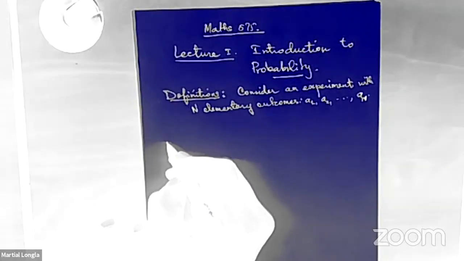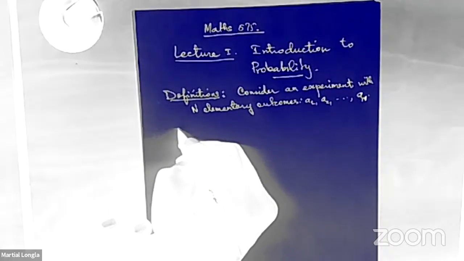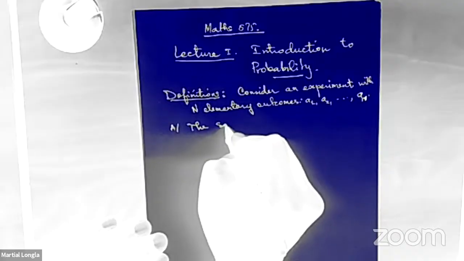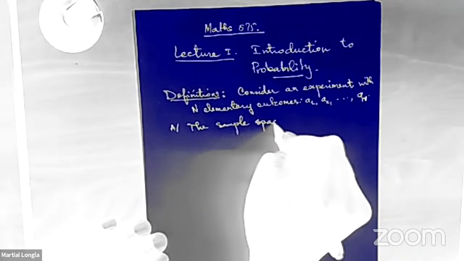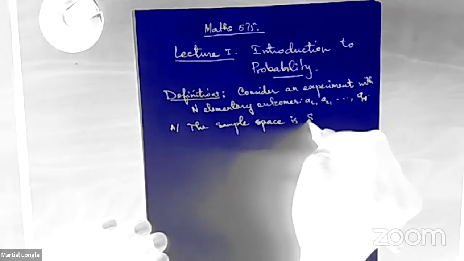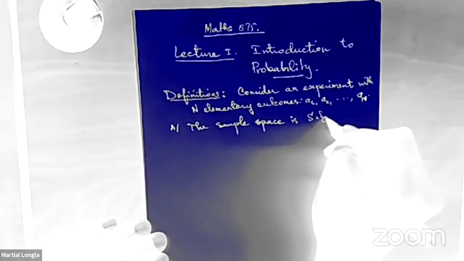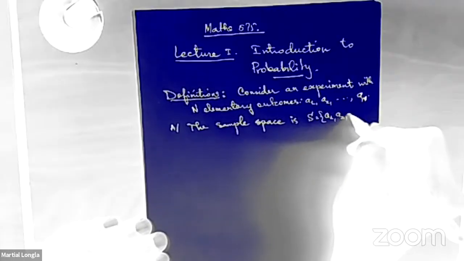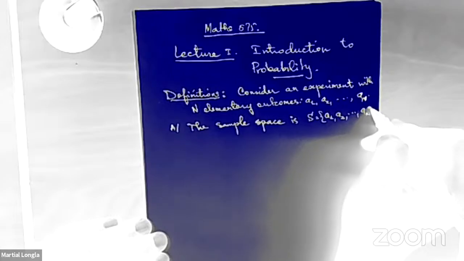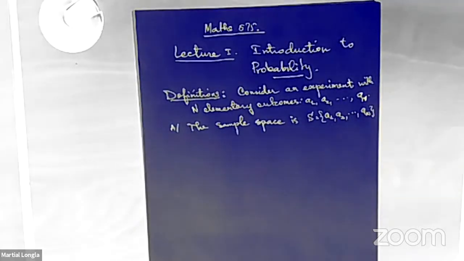The first definition is for the sample space. The sample space is S equals the set that takes all possible elementary outcomes. That's what you call the sample space.